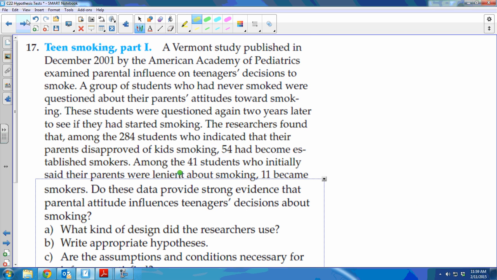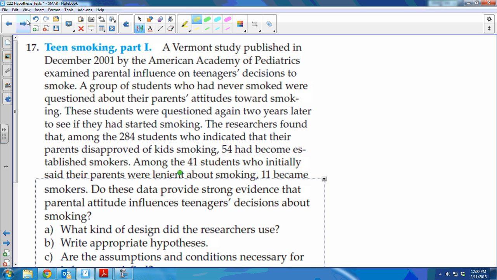A Vermont study published in December 2001 by the American Academy of Pediatrics examined parental influence on teenagers' decisions to smoke. A group of students who had never smoked were questioned about their parents' attitudes towards smoking. These students were questioned again 2 years later to see if they had started smoking.